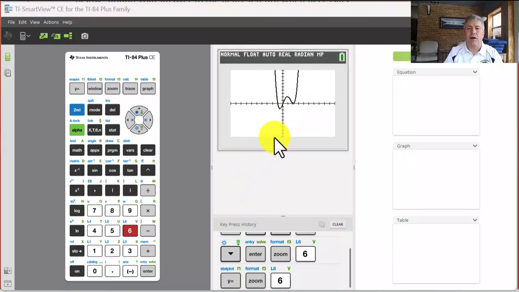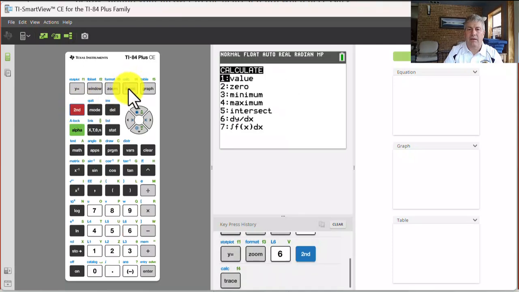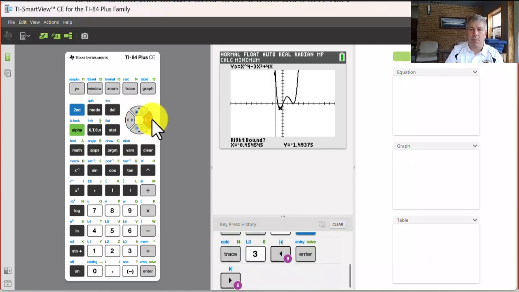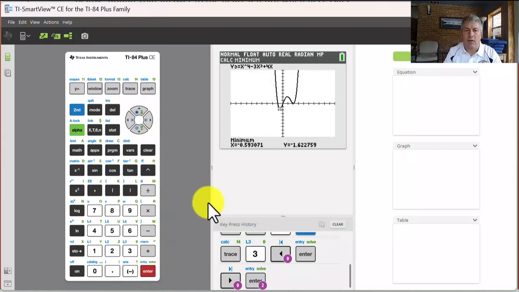We are asked to find the local minimums and maximums, so I'm going to start here with this minimum on the left-hand side, and we'll go to second calc. We'll do our left bound, we'll do our right bound, and we get our answer for an x value of 0.593. Our local minimum here is also an absolute minimum at negative 1.623.